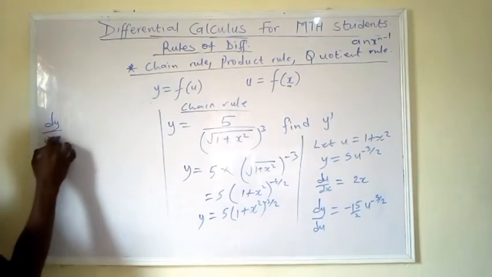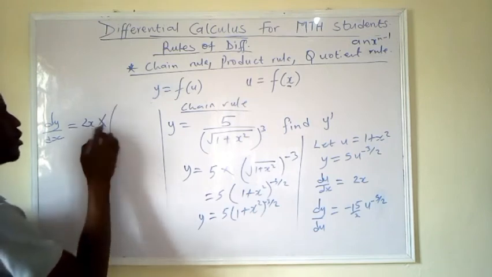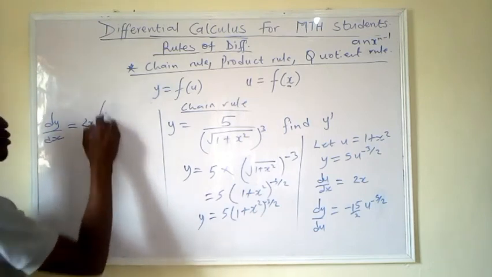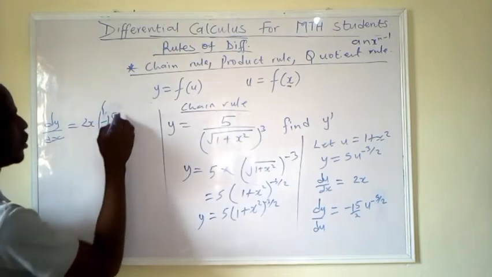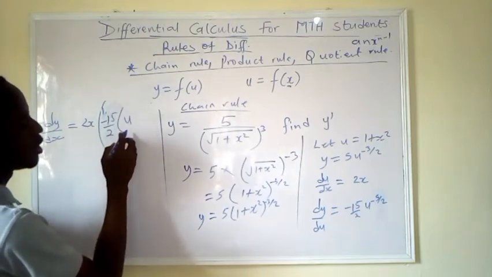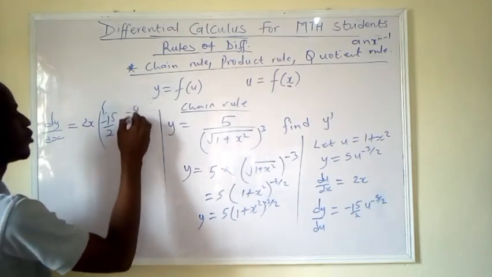So dy/dx will be 2x multiplied by the bracket of minus 15 over 2 u raised to the power minus 15 over 2 minus 1, which is u raised to the power minus 17 over 2.